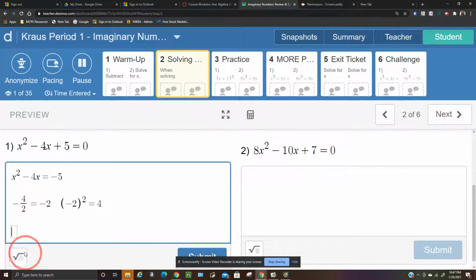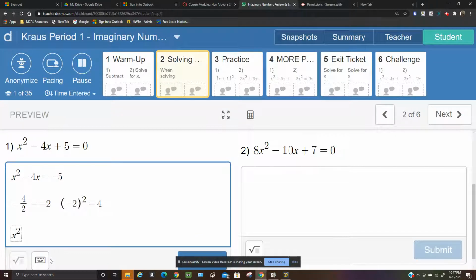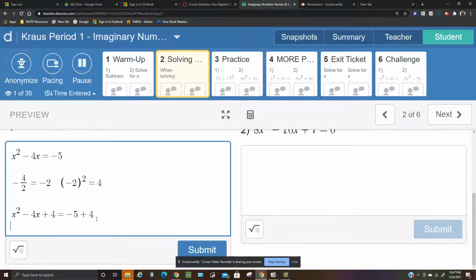So I'm going to add 4 to both sides. Factor to the left.